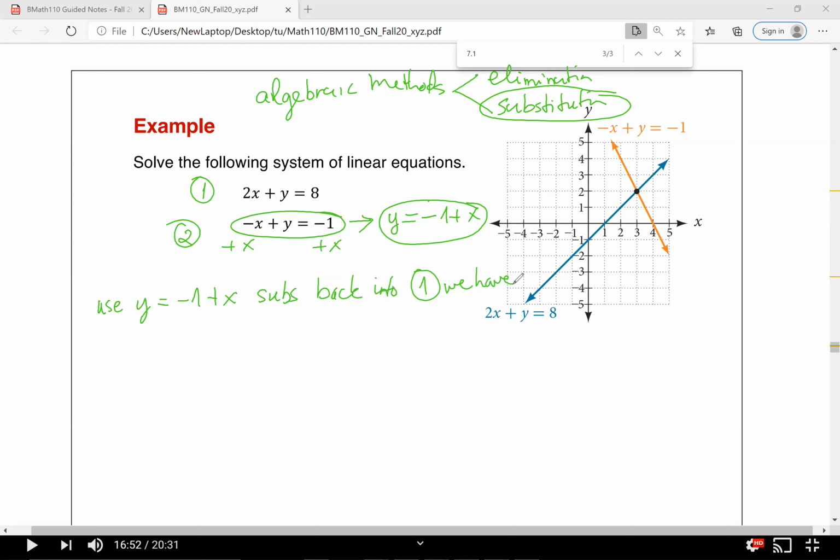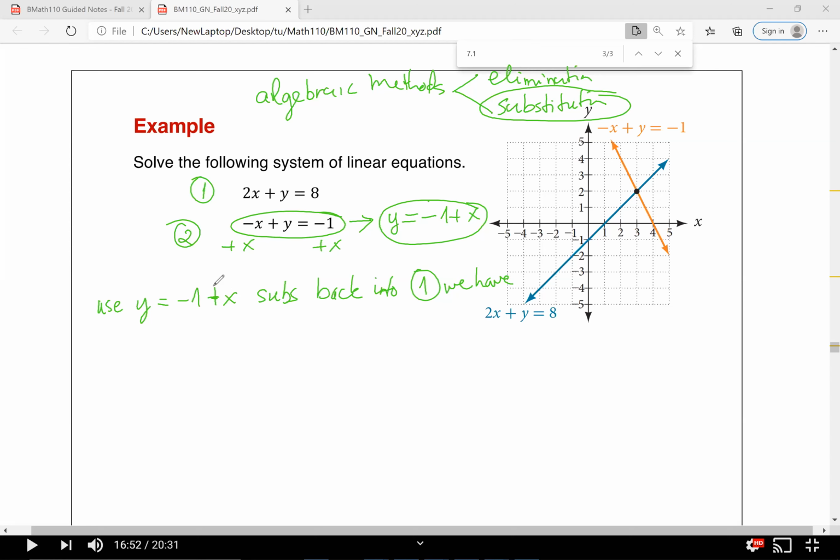Remember that if you use the second equation to isolate, then the isolated variable has to be substituted into the other equation. That is why I used the second one to isolate y. So now I have to substitute it into the first one.